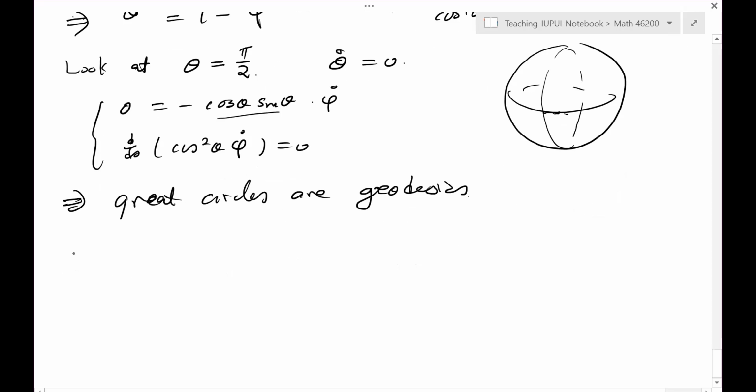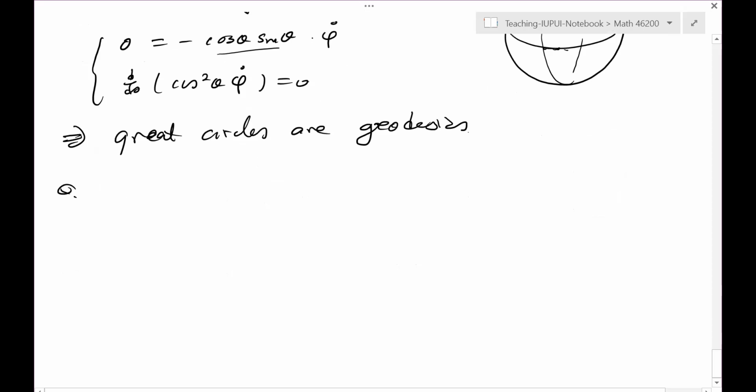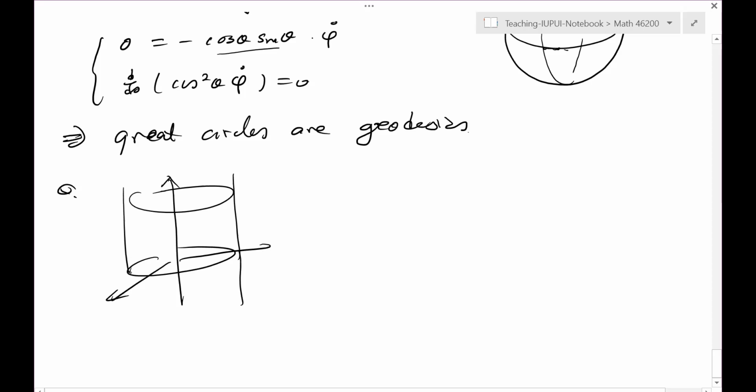Now let's take a look at the next problem, the circular cylinder.